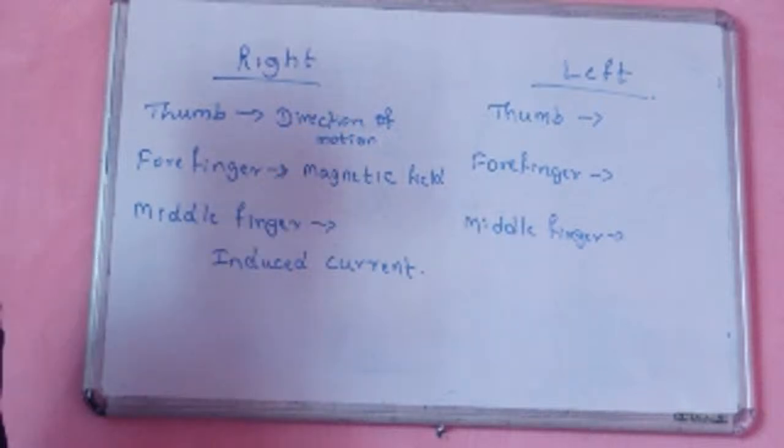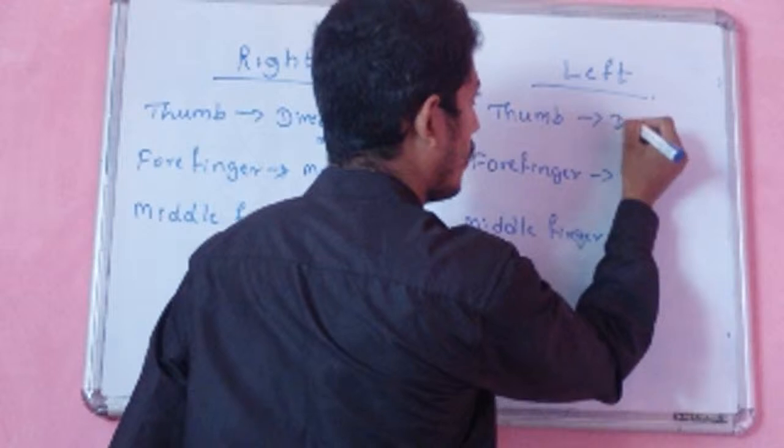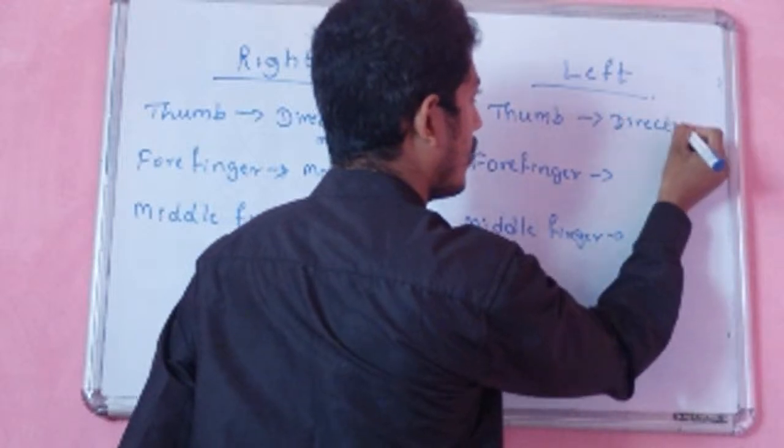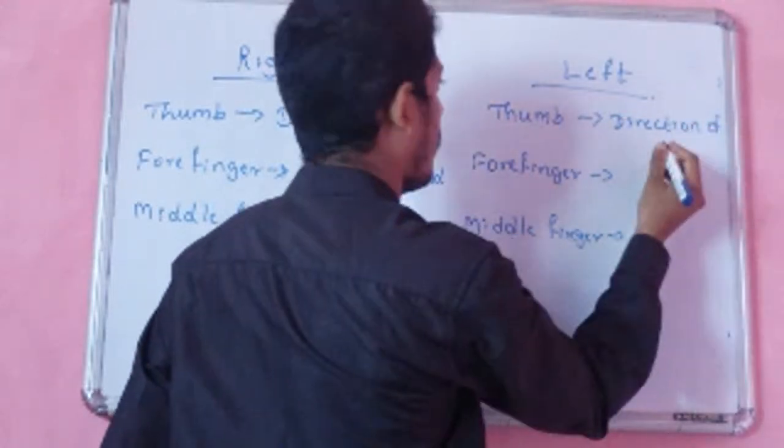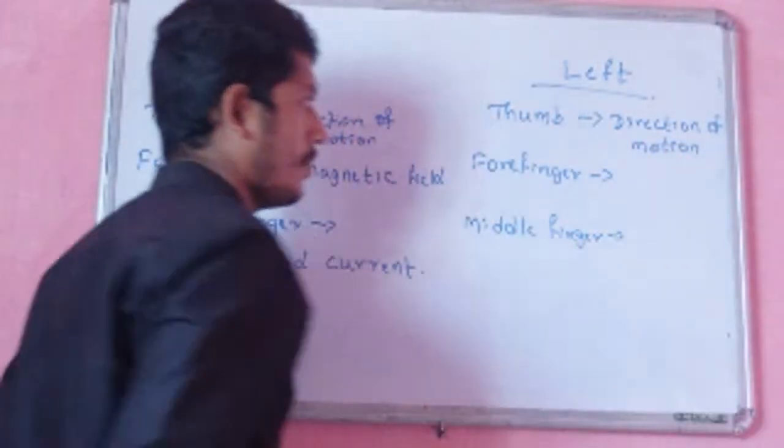Now similarly the left hand rule. The thumb represents the direction of motion of the conductor.